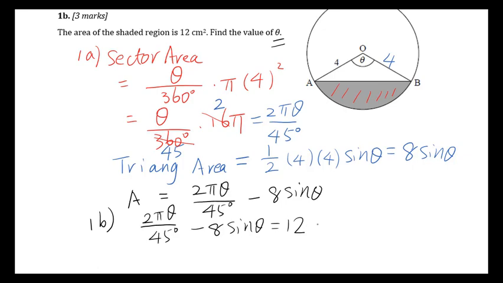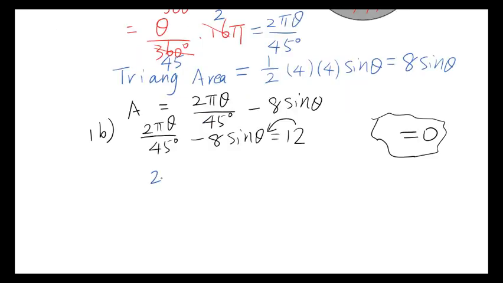If you only have one solution, you will use a math solver. Before you go to the math solver, you have to change into equal to 0 form. So I will move this 12 to the left side. I will get 2 pi theta over 45 degrees minus 8 sine theta minus 12 equal to 0.